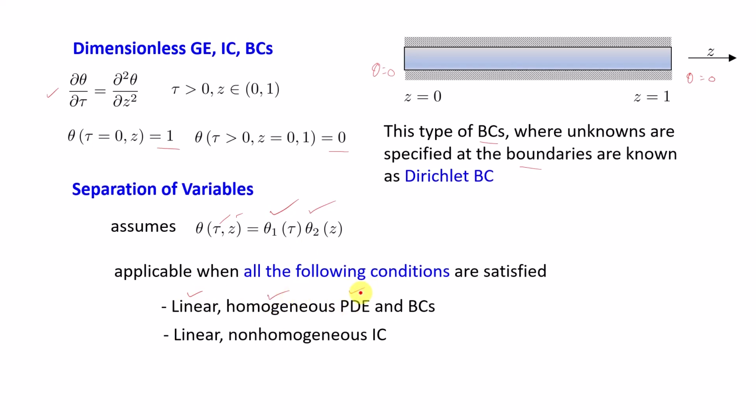We have already discussed what is linear and what is homogeneous. If you don't remember, you can go back to that lecture. So for separation of variable to be applicable, we need a linear homogeneous equation and linear homogeneous boundary conditions. We need a linear non-homogeneous initial condition.